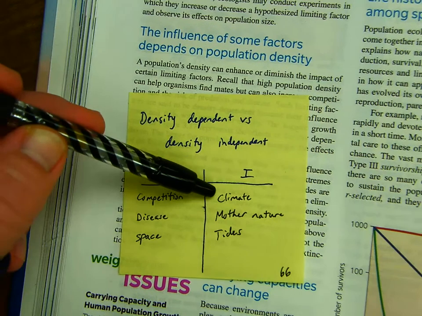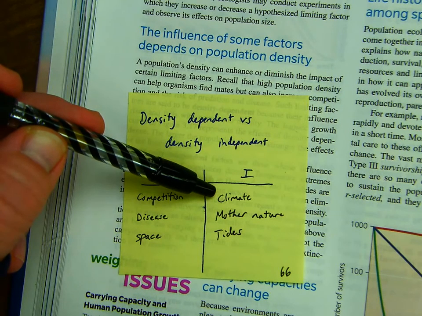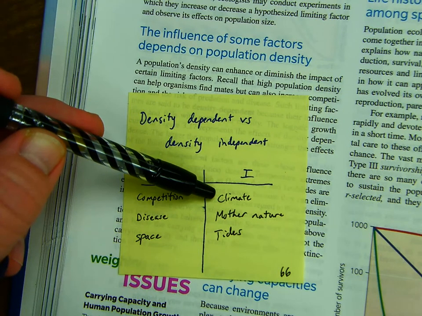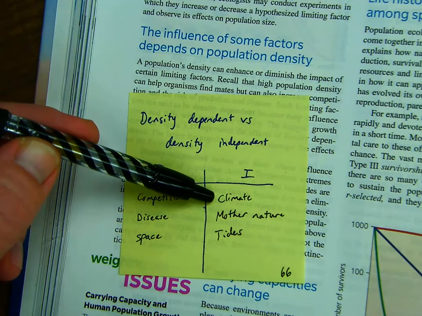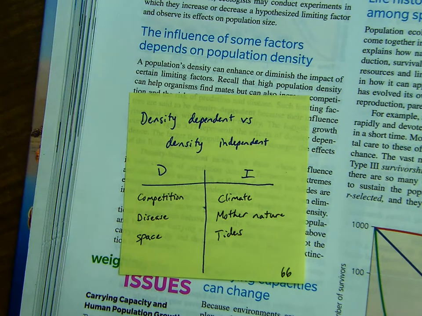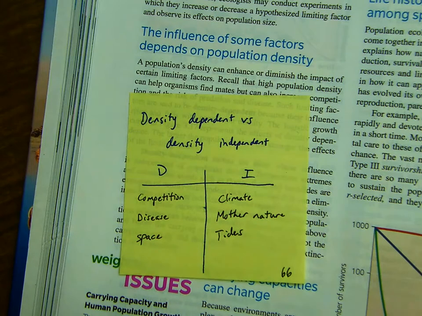Okay, now density independent, that's climate, meaning that the climate's going to be this way no matter what. Obviously, we've got climate change going on right now, but the climate in a specific area is going to be that way whether there are organisms there or not, typically.